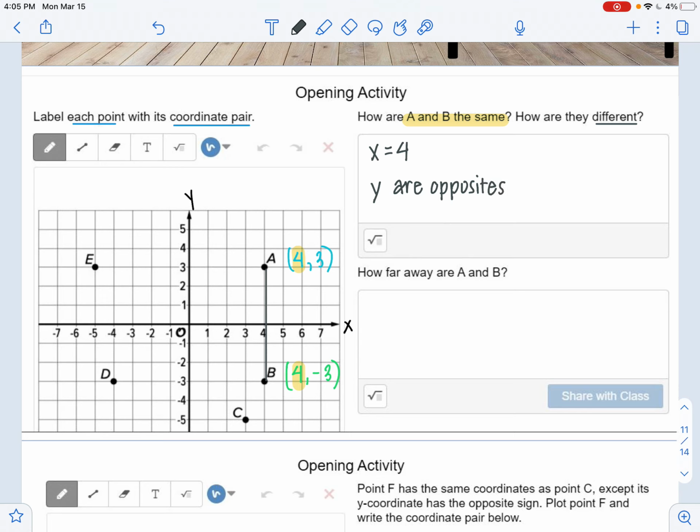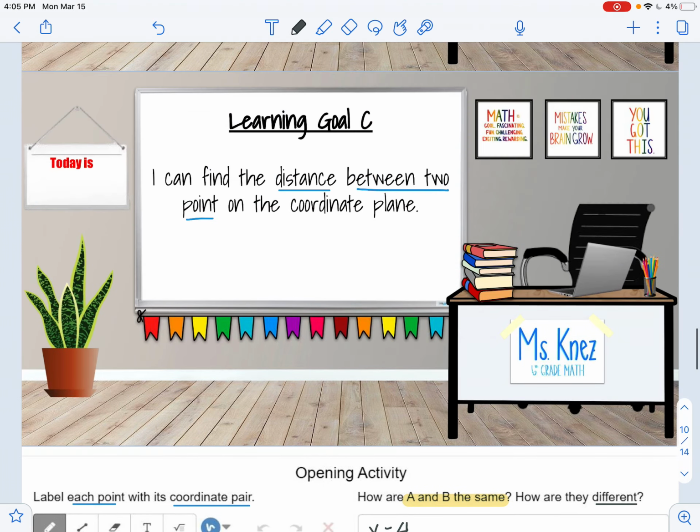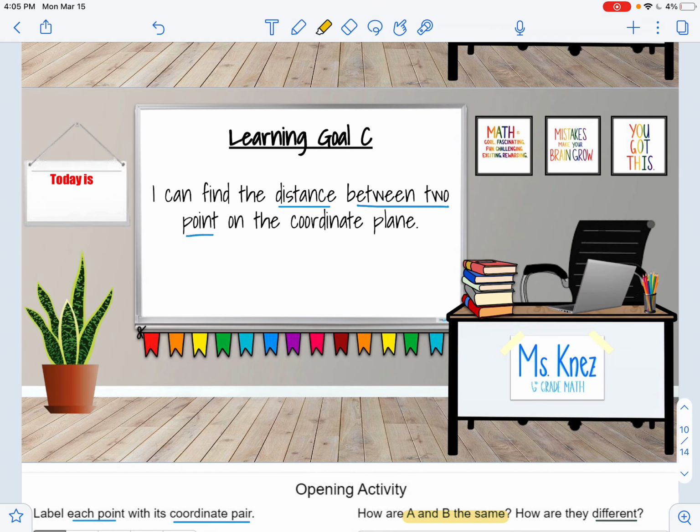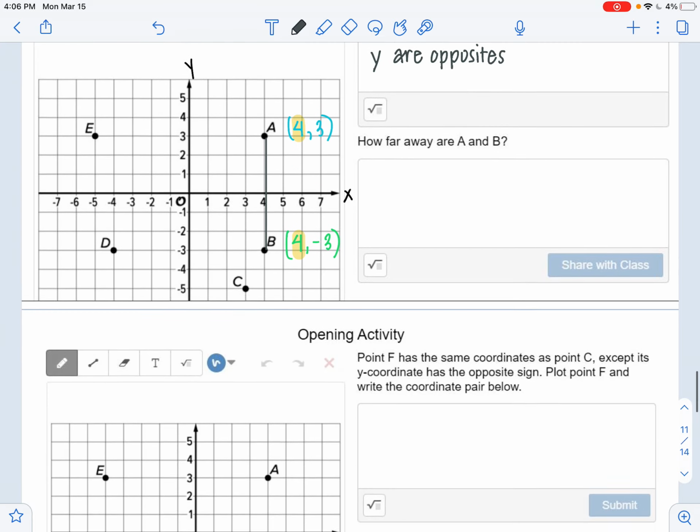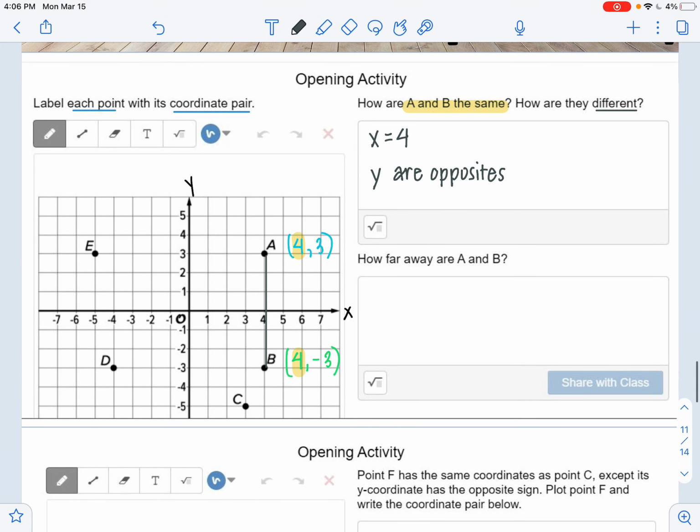And the second question asks, how far away are A and B? And again, remember today's learning target is I can find the distance between 2 points on the coordinate plane. This should say points, of course. And we can tell that A is 1, 2, 3 spaces away from the x-axis.